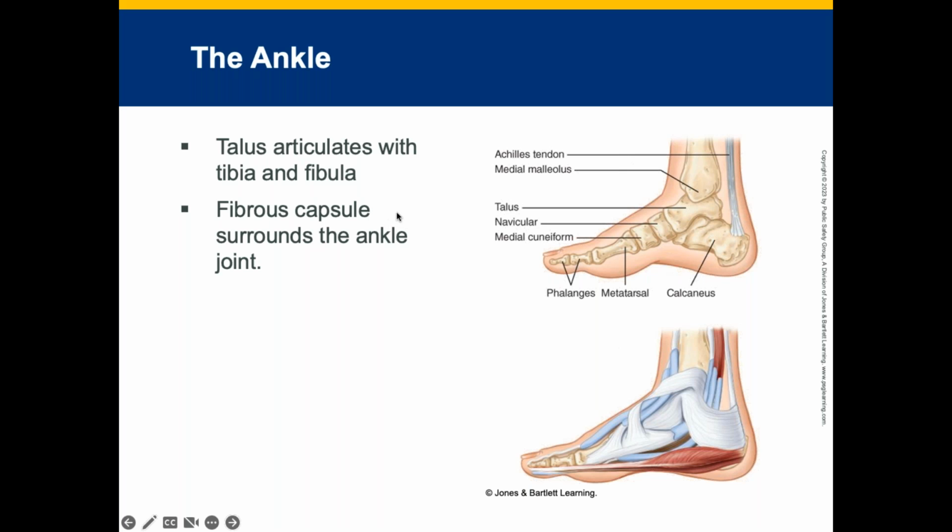Calcaneus down here. You have the talus, the navicular, and the medial cuneiform. Then we start getting our metatarsals and tarsals, and then our phalanges. We have the proximal, medial, and distal phalanges.